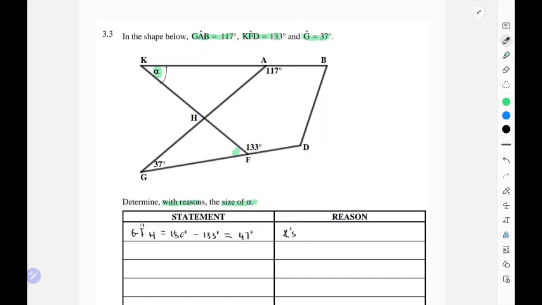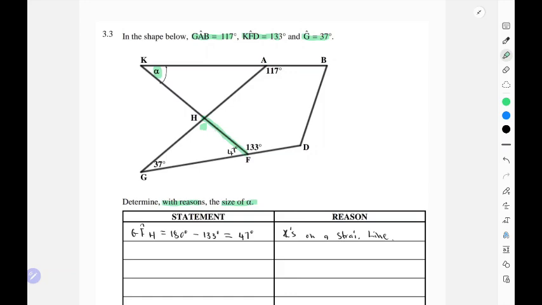Reason is angles on a straight line. So we can just note this angle here is 47 degrees. Now we can find this angle, sum of interior angles of a triangle.